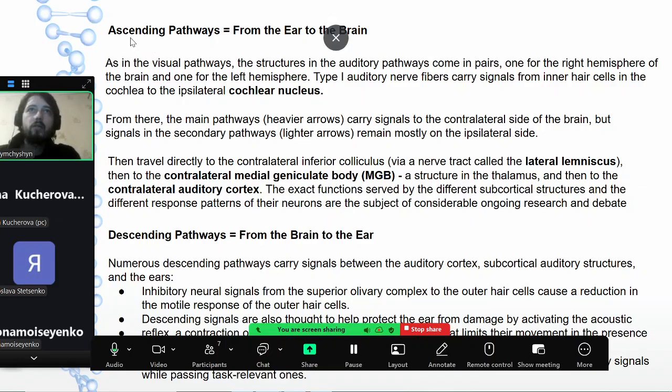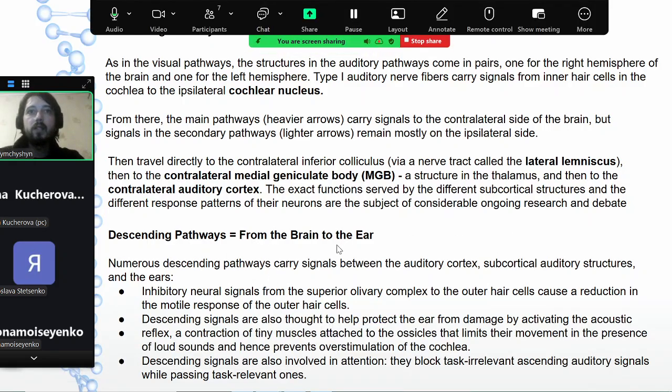So we have both ascending pathways from ear to the brain, so that we transmit information to the brain to make sense of it, and we have some descending pathways that go from the brain to the ear. They are basically carrying signals between the auditory cortex, subcortical auditory structures, and the ears.